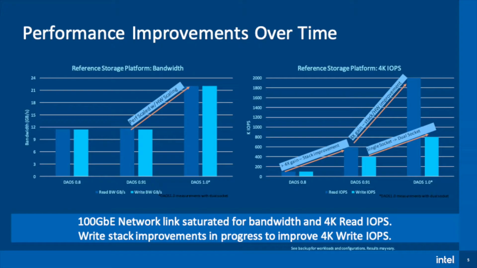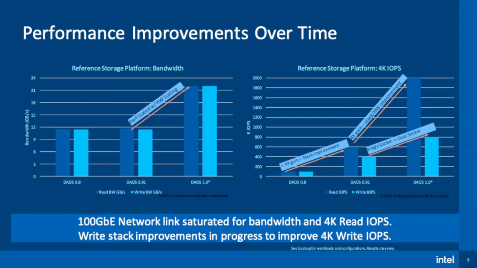However, when you look at IOPS, it was not that straightforward. When we started, we were capped at 100K 4K IOPS, which was about 10% of the network link. Going from 0.8 to 0.91, we saw significant improvements in the read and write IOPS, about 6x improvement for read IOPS and 4x improvement for write IOPS.